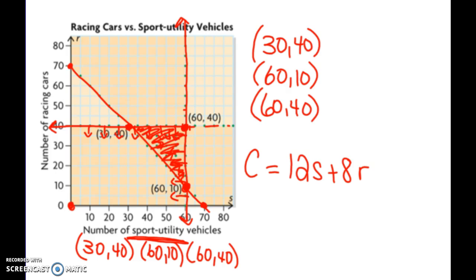So what you'll do is we will put these points into the equation and find what the total cost would be. So in this one, it would be 30 for the SUVs. So 30 times 12 plus 8 times 40, and we would get a total of $680.